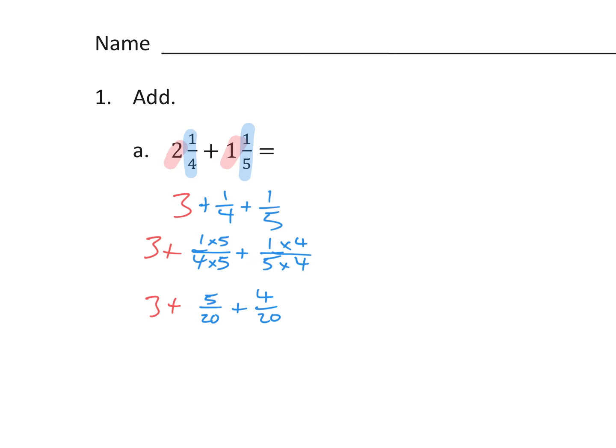That's going to give me 9/20, and that 3 comes down. Since 9 has 1, 3, and 9 as factors, and 20 doesn't have any of those other than 1, this is already simplified. So my final answer is 3 and 9/20.